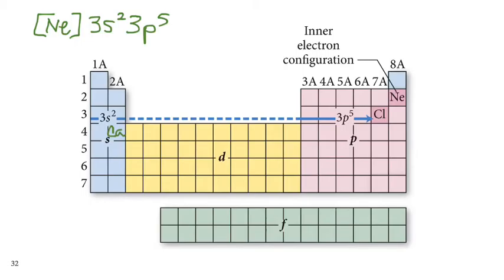Calcium is down here, right? So calcium would be argon 4s2. In this highest level, 4s, those are the valence electrons, even if 4 appears before the 3.